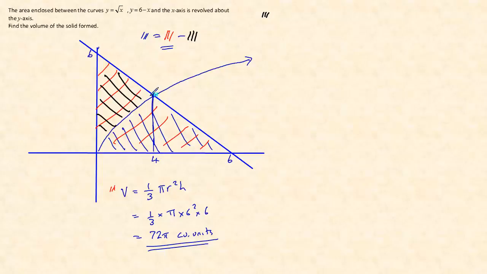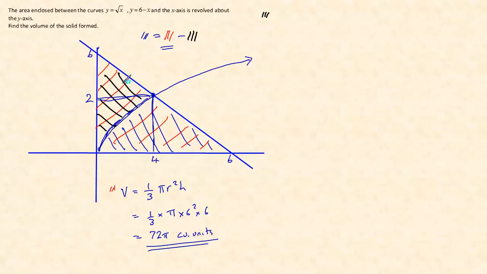So the y is going to be 6 take away 4, so that's going to happen at 2. So it's not a very good diagram, it's not to scale anyway, but it shows what we need to see. So it's going to be this bit rotated around, and then this bit rotated around.